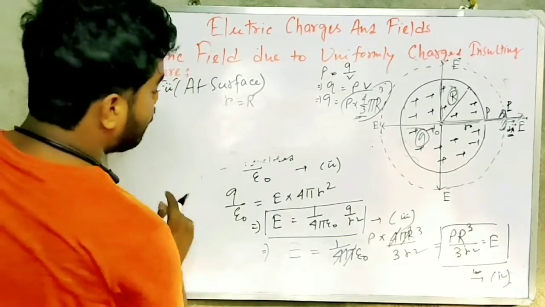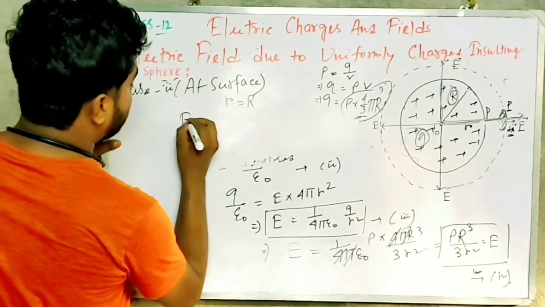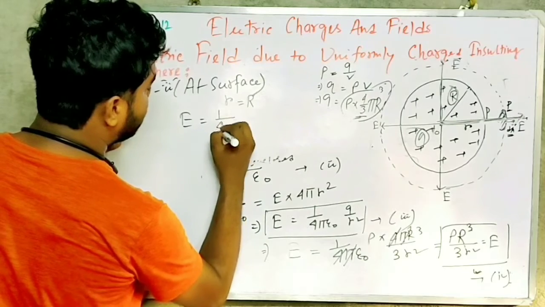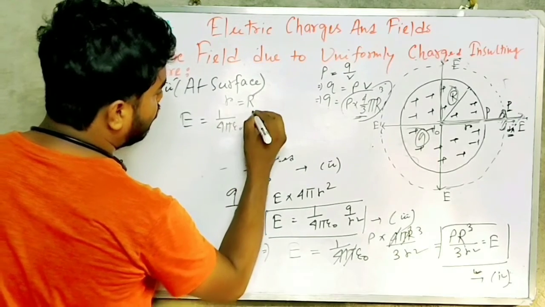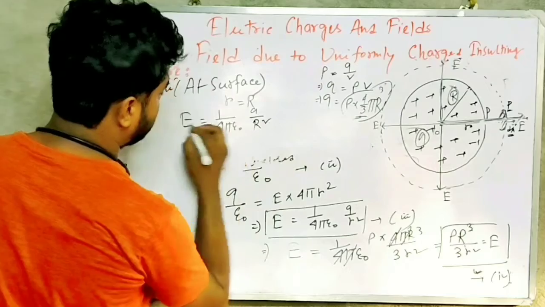Just putting the value, E is equal to 1 by 4 pi epsilon naught Q by capital R square.